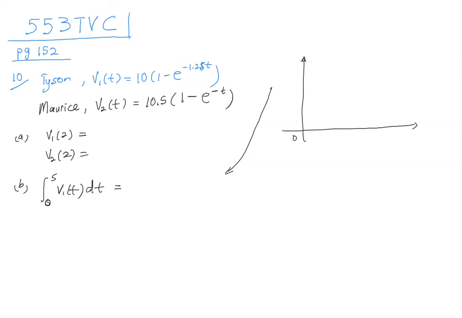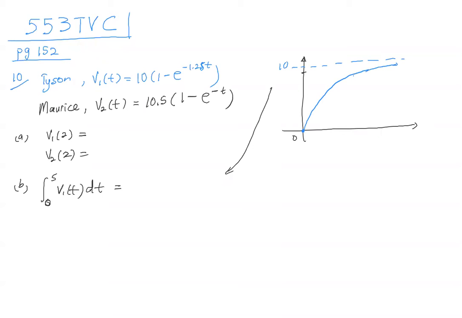Okay, so Tyson, start with 0. Maximum is 10. Am I right? So that is a horizontal asymptote. Maximum is 10. So this is what happened to Tyson.